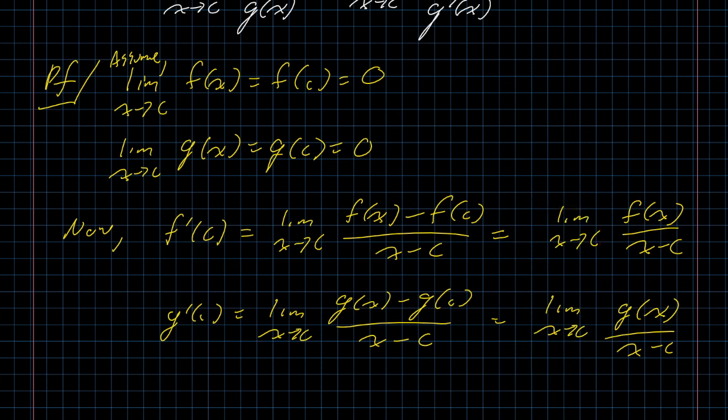There we go. We are still looking at the limit as x approaches c, but f of c is 0 and g of c is 0.